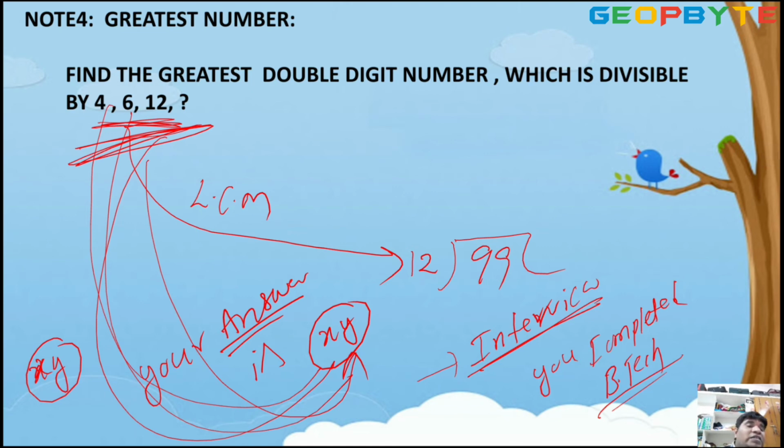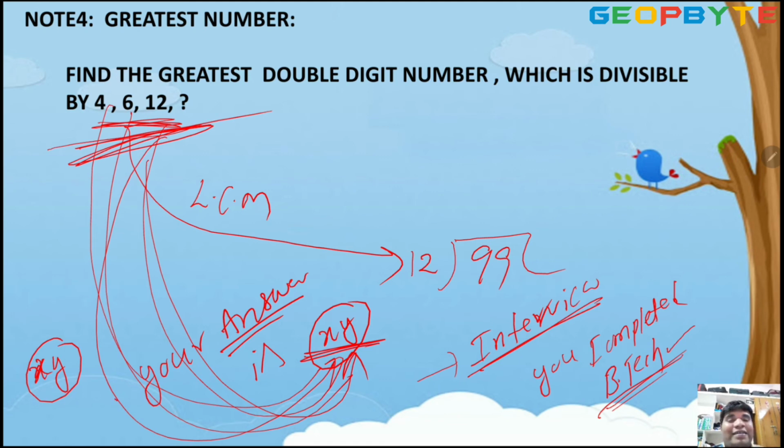You passed each and every subject and every class also. You don't need to mention that you passed 10th class, intermediate, plus 2. Not necessary. Once you have finished BTech, each and everything is completed. In the same way, this xy is divisible by the LCM of the given numbers, which means it is divisible by each and every number also.